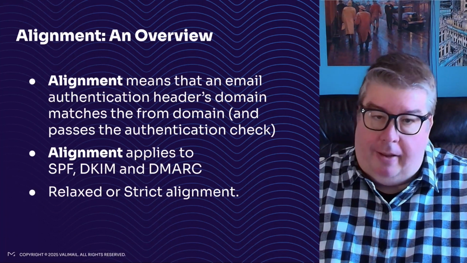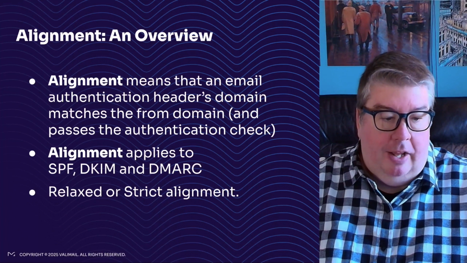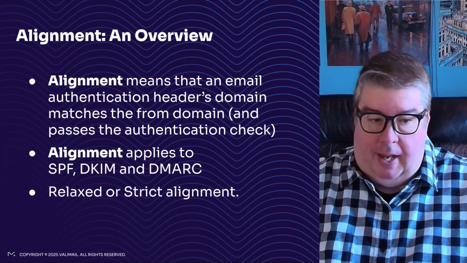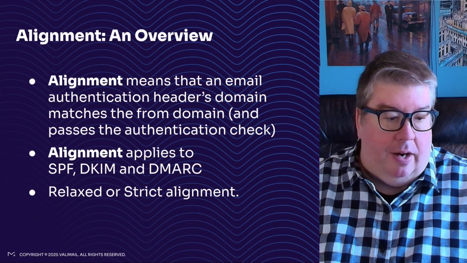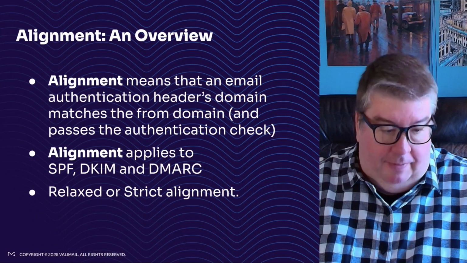Whether that be either of those two headers, the domain in there showing as the responsible party for the message, matching that visible from domain, and of course passing email authentication checks. That's sort of the core of DMARC. DMARC requires that SPF or DKIM align and match the visible from domain.